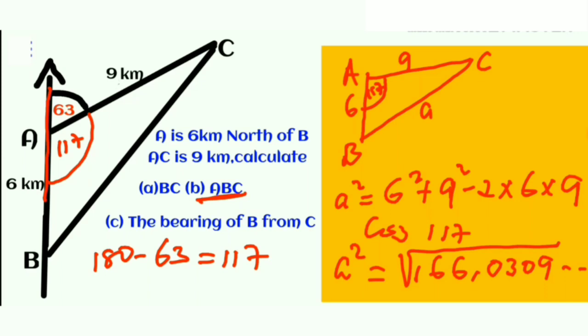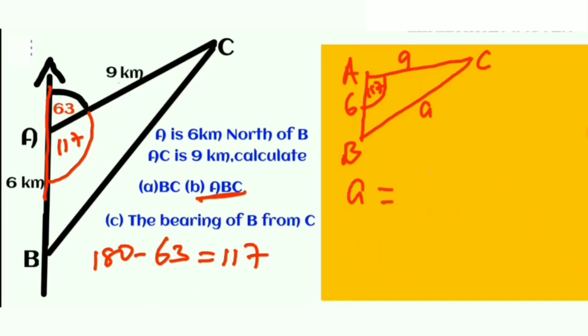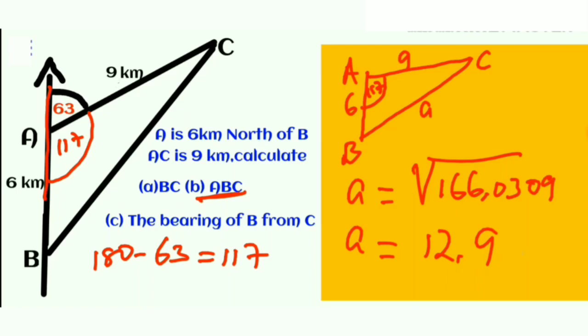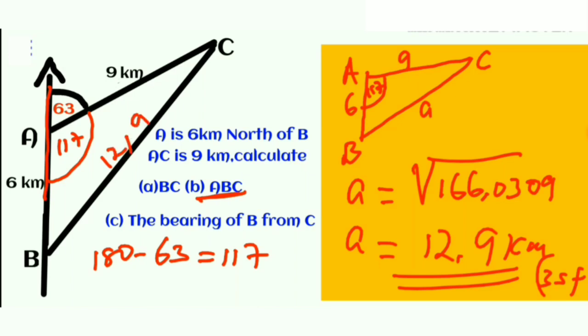So a equals the square root of 166.0309. a equals 12.9 kilometers, to 3 significant figures. So this is the answer. So BC is 12.9.